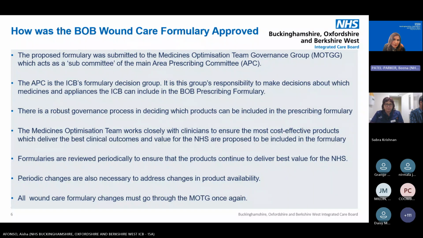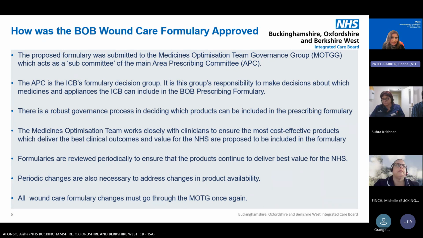Formularies are reviewed periodically to ensure that the products continue to deliver best value for the NHS, and periodic changes need to be made if there are changes in product availability or if there are new products that come to market which deliver benefits for our population. All wound care formulary changes have to go back through the MOTG process once again, so it's a cyclical process that we have to follow.